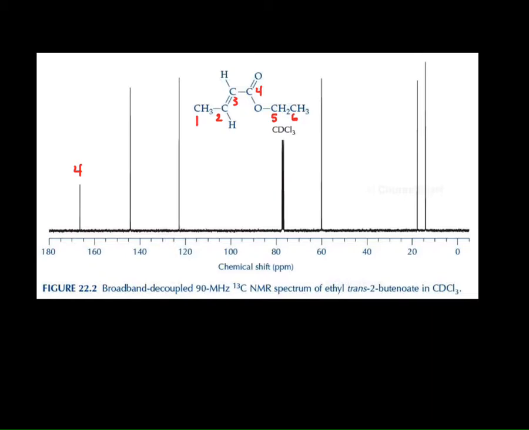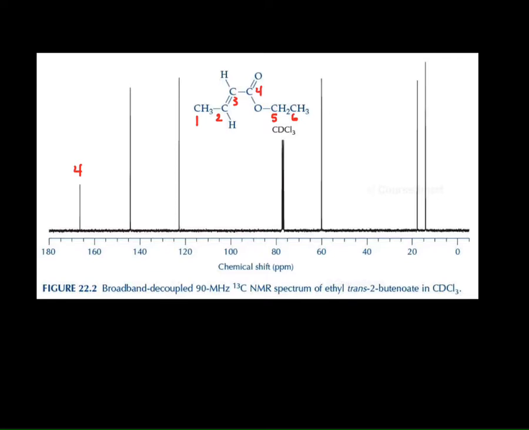In order to do that, we actually have to think about resonance, and we can draw a resonance structure which moves the pi bond from between the two carbons up to create a pi bond between the carbon and the carbonyl carbon, and then moves a pair of electrons up from the carbonyl to the oxygen. That places a negative charge on the oxygen, but it places a positive charge on carbon number 2.